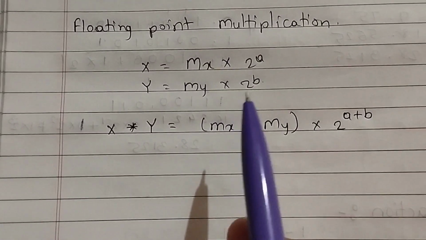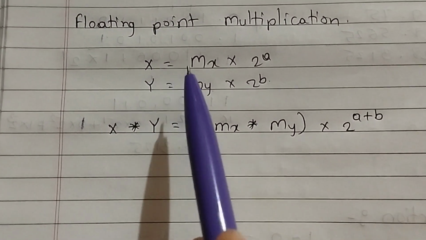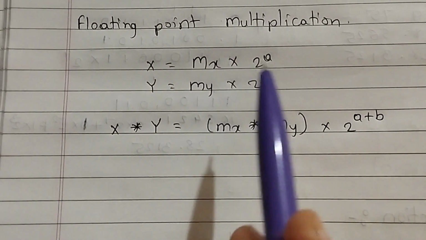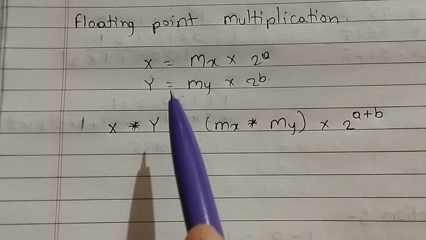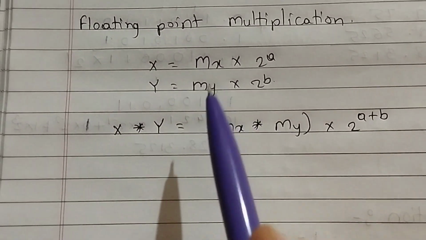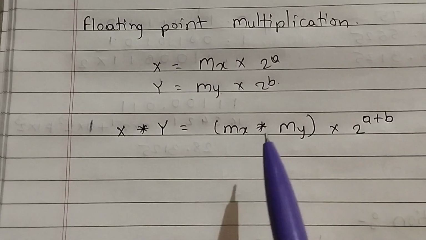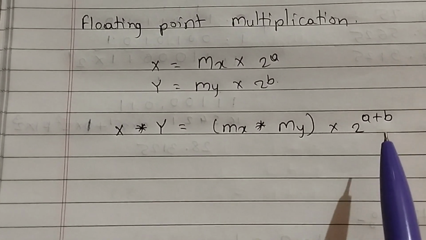Now the floating point multiplication. Let's suppose the first number x is equal to mx into 2 raised to a, and the second number y is equal to my into 2 raised to b. Then when we multiply them, x into y is equal to mx into my into 2 raised to a plus b.